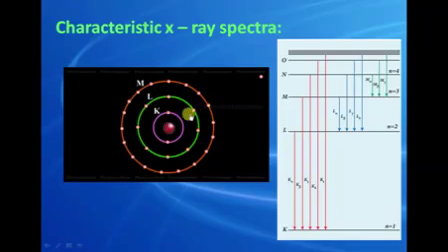When the energetic electron penetrates the target material and removes an electron in the K shell, an electron from an outer orbit jumps to fill the vacancy created in the K shell. During the downward transition, the energy difference between the two levels forms X-ray photons of definite wavelength. Each wavelength is characteristic of the target and constitutes the line spectrum.